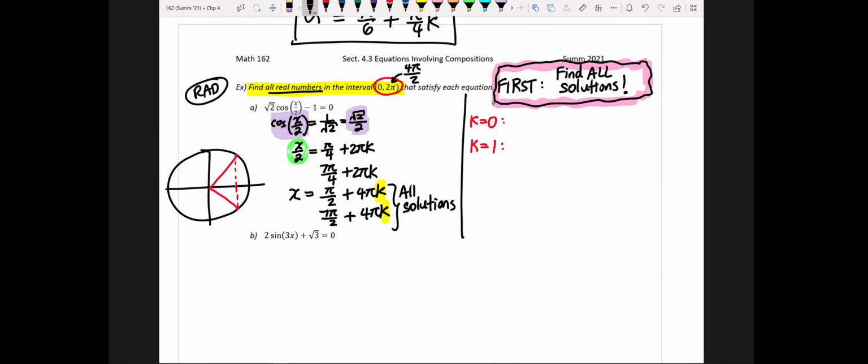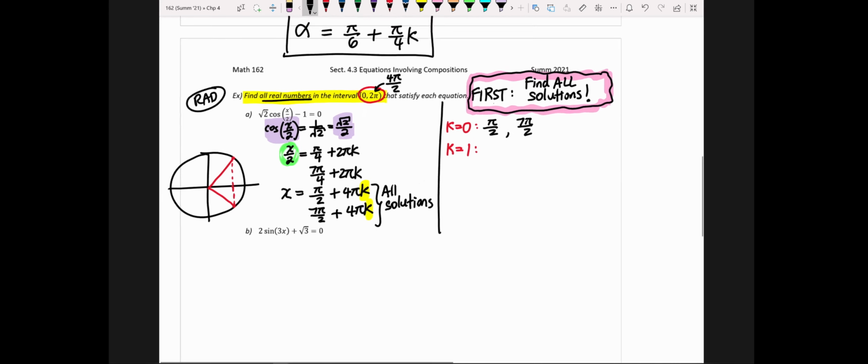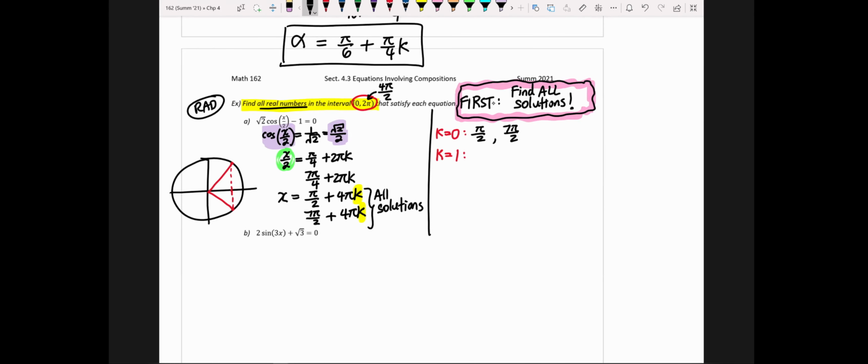So let's watch here. We plug in 0, we get pi over 2. Plug in 0, we get 7 pi over 2. When we plug in 1, you may need to do some scratch work up here. When we plug in 1, this is pi over 2 plus 4 pi. And 4 pi, when we write it with a denominator of 2, is 8 pi over 2.